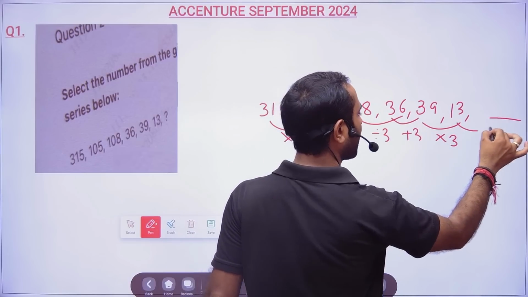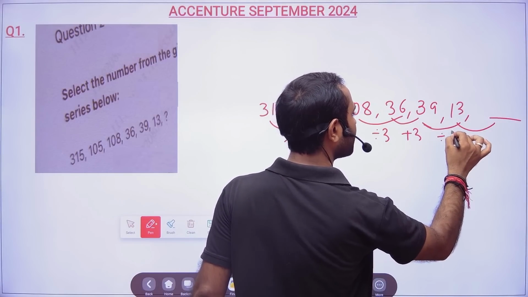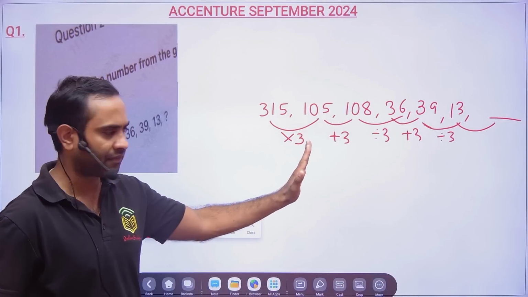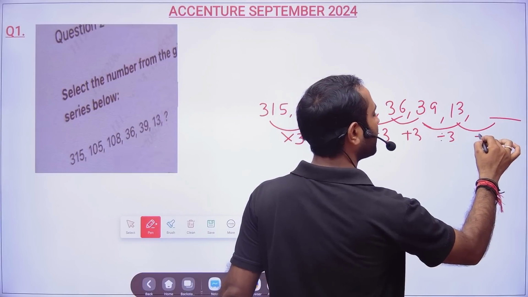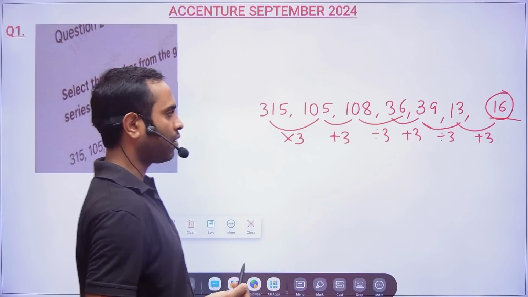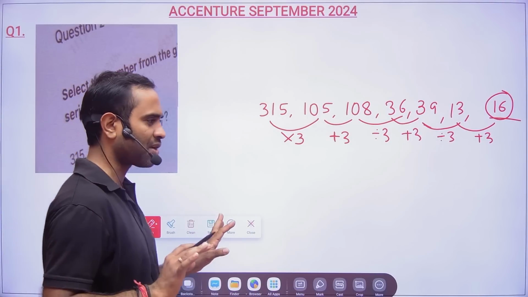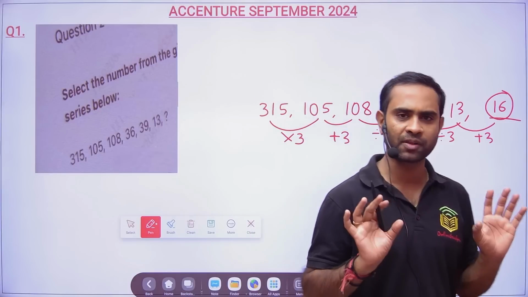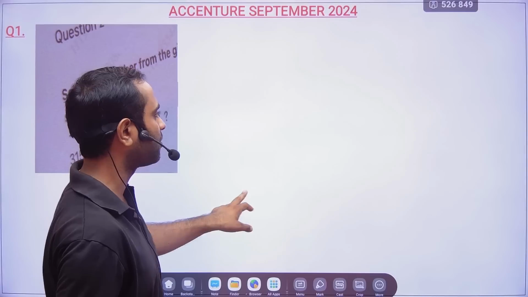See, if on one side it is division, then on the other side it will be multiplication. Divided by 3, and the next will be plus 3. So the option which has 16 will become your correct answer. Option 16 you have to tick.